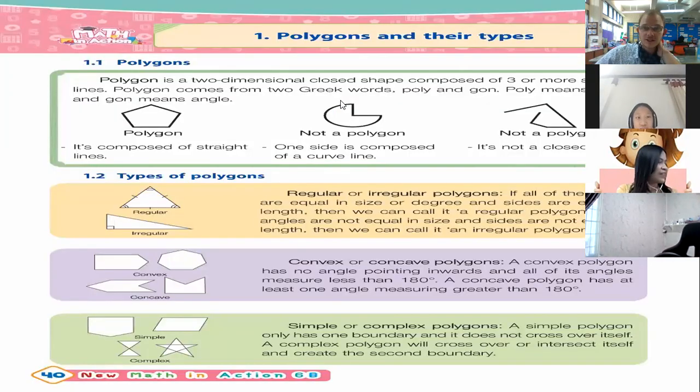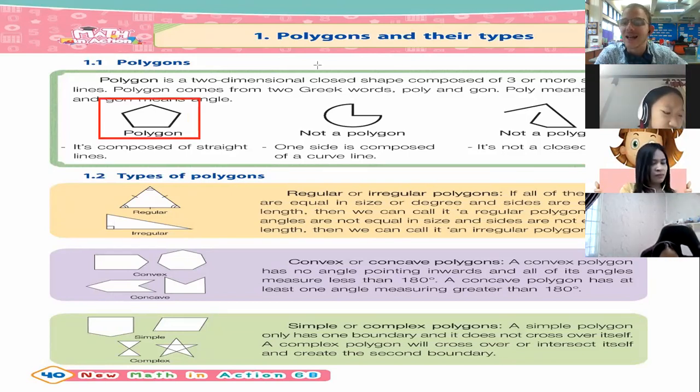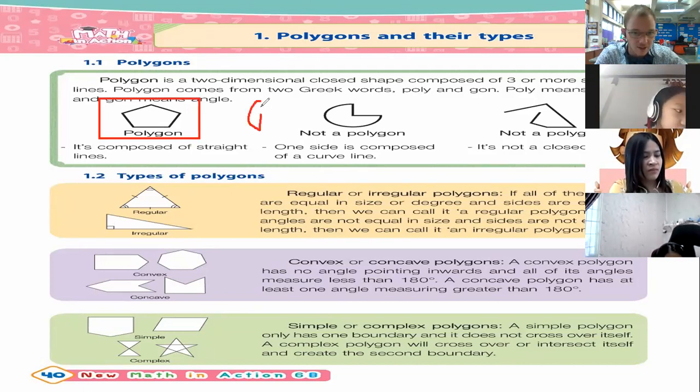So let's move forward and have a look at page 40 of our books. We can see a polygon over here. Straight lines, no arcs in a polygon. You can't draw a polygon like this, because all the lines have to be straight.